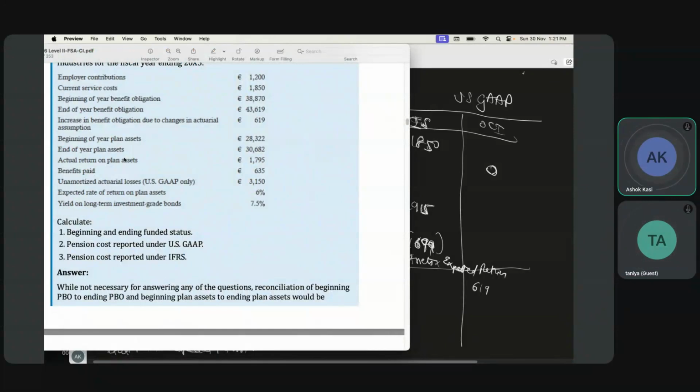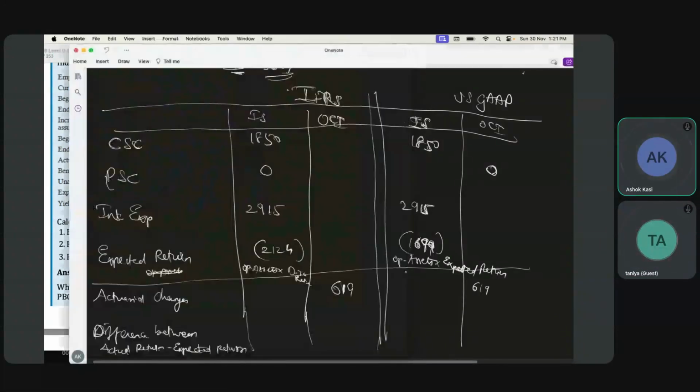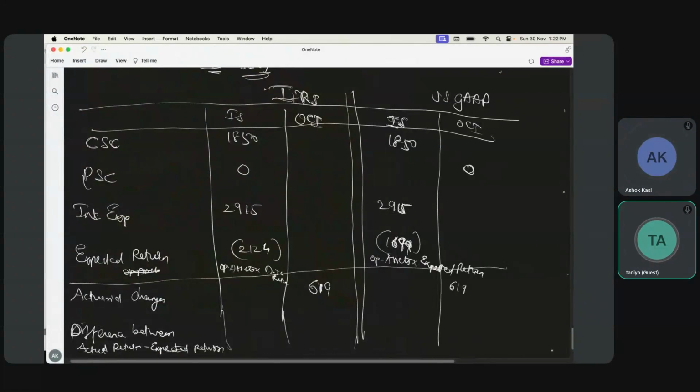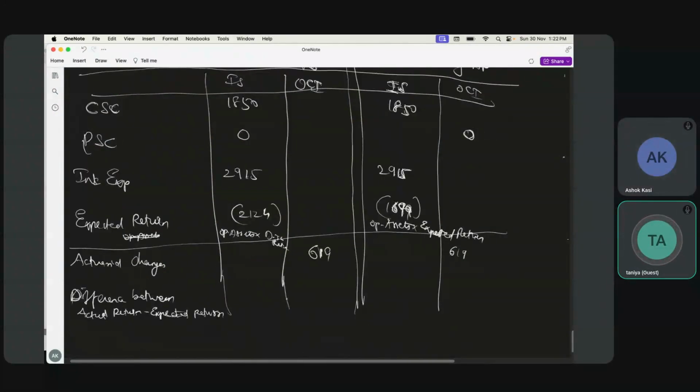Then actual return is 1795. So here 1795 minus 2124 is 329.